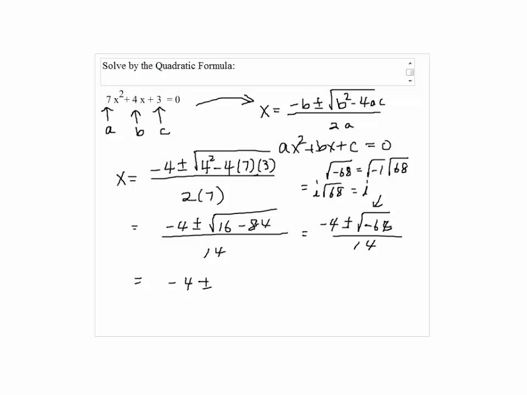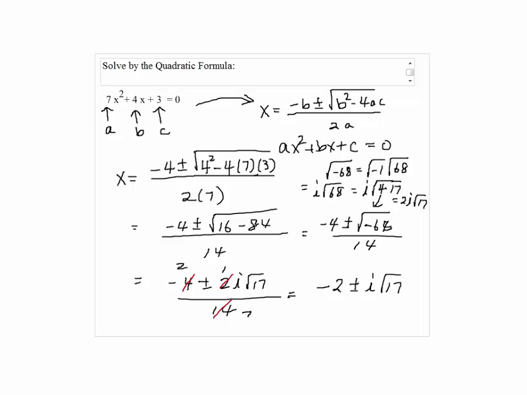And you can reduce the square root of 68 by four times 17. So that will be 2i square root of 17 over 14. By reducing the coefficients, we have the answer negative 2 plus or minus i radical 17 over 7.